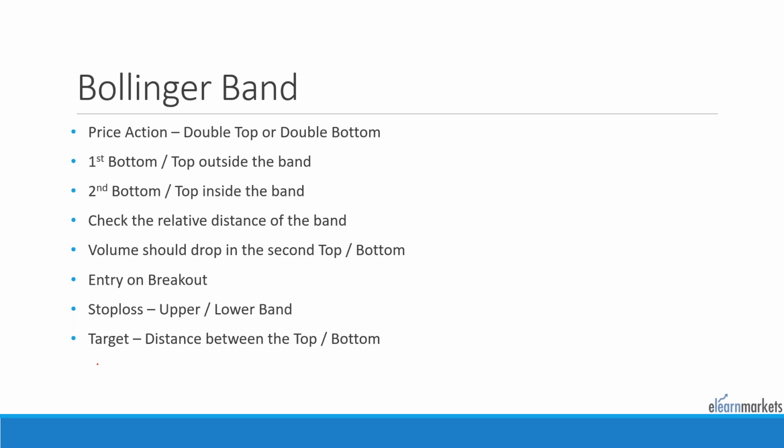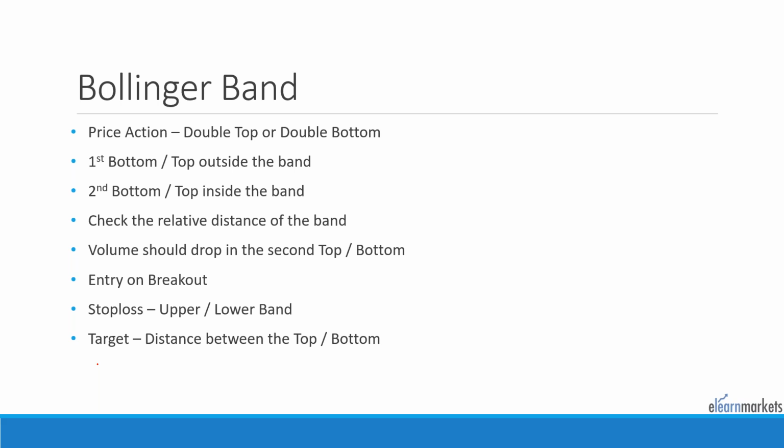So in the Bollinger Band strategy, we first figure out a double top or a double bottom. Whenever there is a double top or a double bottom on the chart, we filter it with the Bollinger Band indicator to check for any volatility divergence and volume divergence.